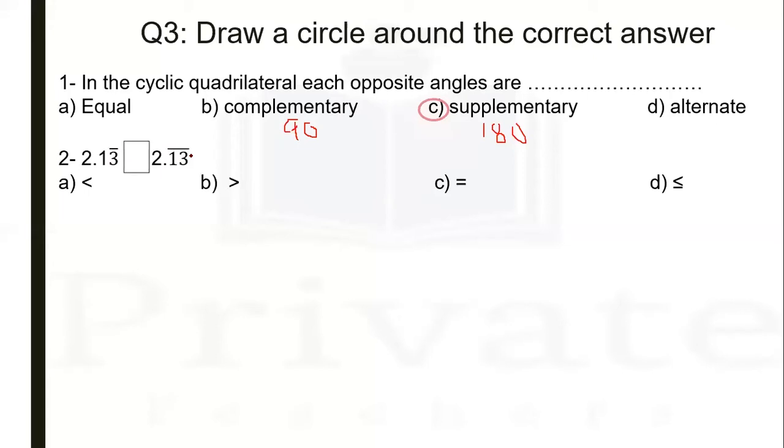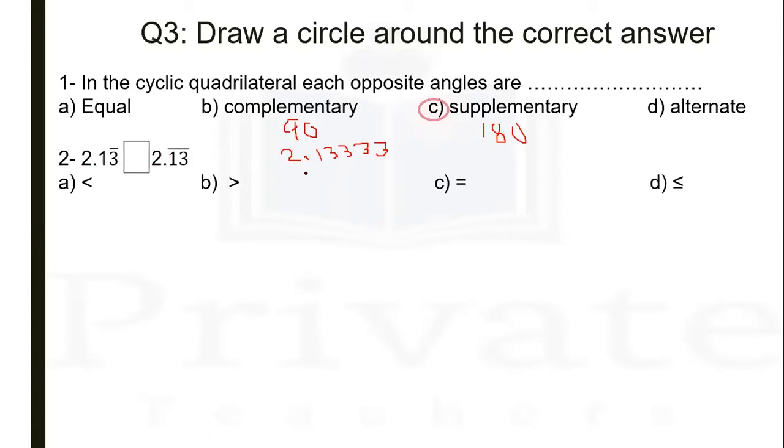To put the suitable sign, we have to expand the number, let us say, to just 4 digits. For example, 2 point 1, the bar is above the 3, so we are just going to expand the 3. This is the first one.